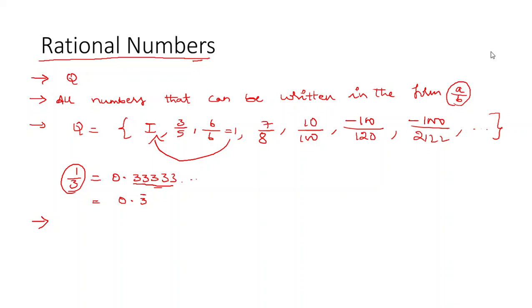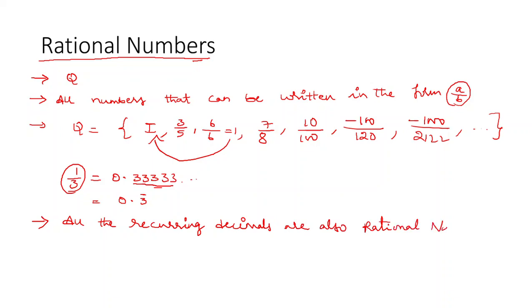And so all recurring decimals are also rational numbers, because they can be represented in the form a by b. We can represent 0.333 and so on as 1 by 3.